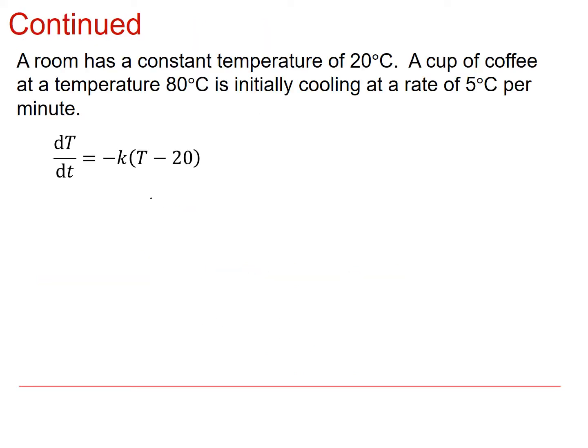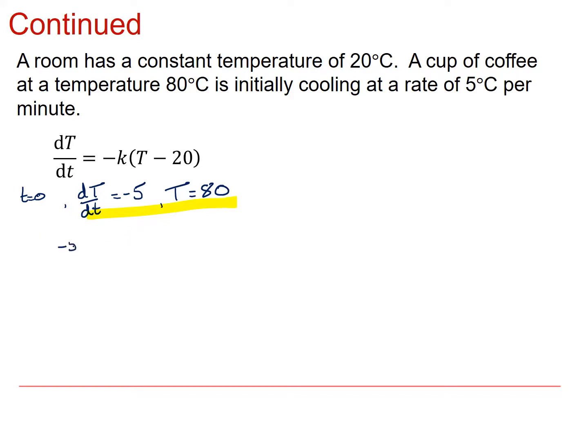Okay, moving on then. So I've got here dT by dt is equal to minus k times T minus 20, and I want to try and get a value for k here. Well, I know the rate when t equals 0, I know that the rate of cooling is equal to minus 5, and I know that the temperature is equal to 80. So I'm actually going to use these two bits here.